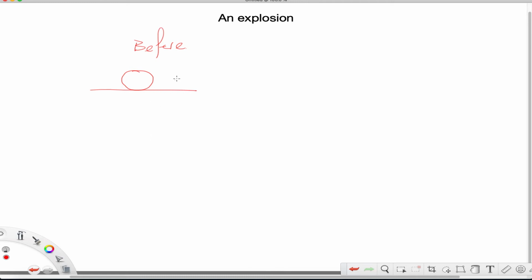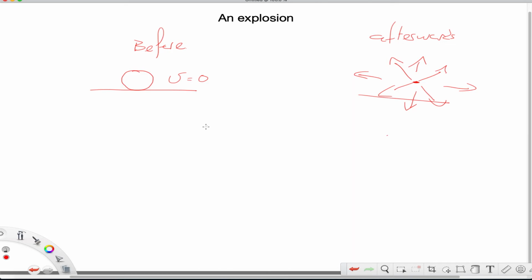It has no momentum. Clearly, its velocity is 0. Afterwards, of course, after it has exploded, you're going to have a bit going this way, and a bit going that way, and a bit going that way, and a bit going that way, and a bit coming out of the board, and a bit coming into the board. So in every possible direction, there's going to be bits.